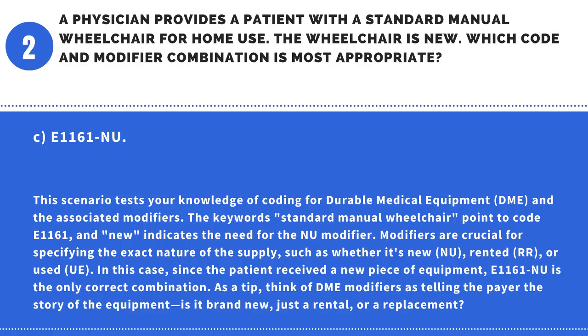Modifiers are crucial for specifying the exact nature of the supply, such as whether it's new, NU, rented, RR, or used, UE. In this case, since the patient received a new piece of equipment, E1161NU is the only correct combination. As a tip, think of DME modifiers as telling the payer the story of the equipment: is it brand new, just a rental, or a replacement?